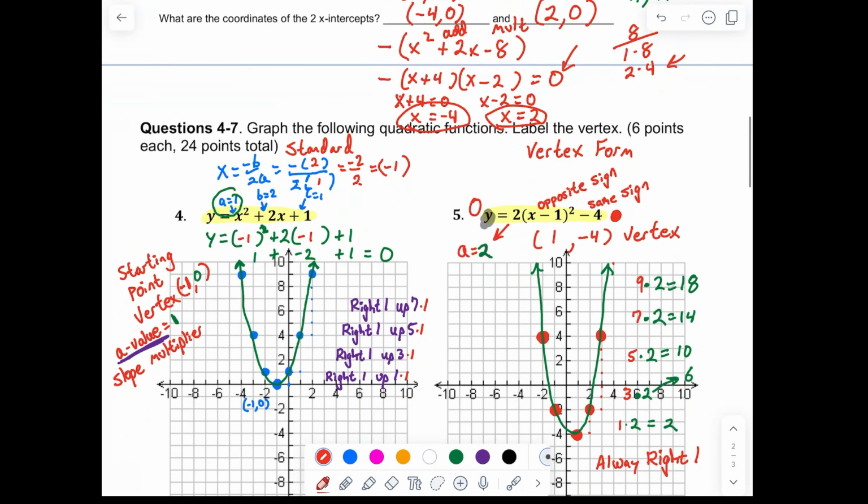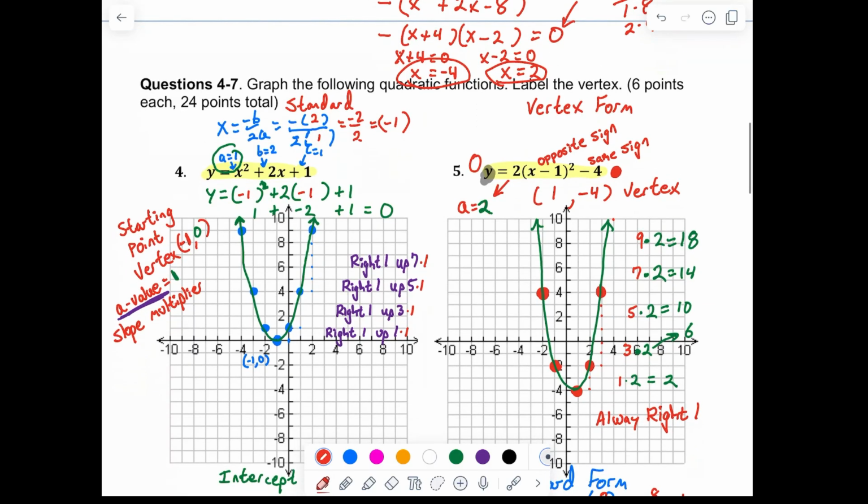There's a y and an x in it, and therefore I can graph that on my coordinate plane. But there's a y and an x in these. So these are equations for a quadratic function. Now, the corresponding quadratic equations for these would be if we set y equal to 0.